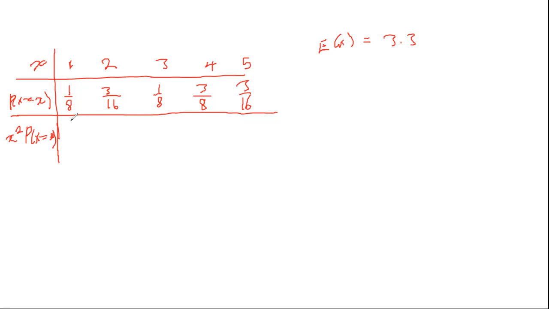So 1 times 1/8 is 1/8. 2 squared is 4 times 3/16, which is 3/4.